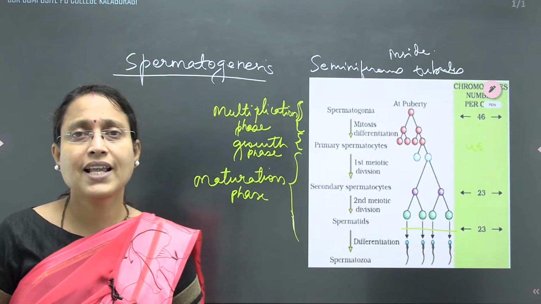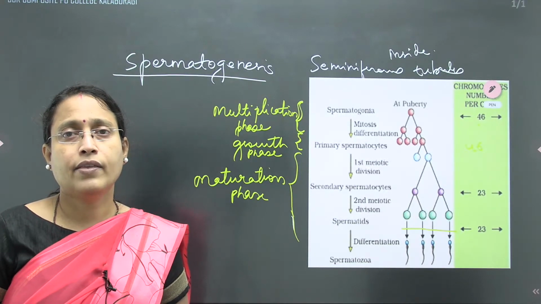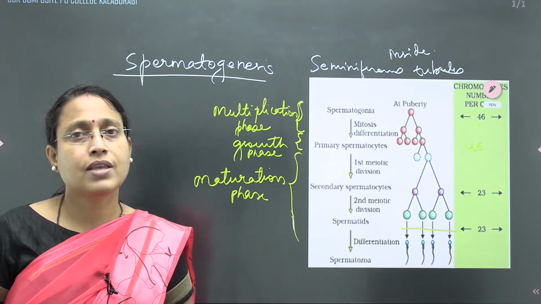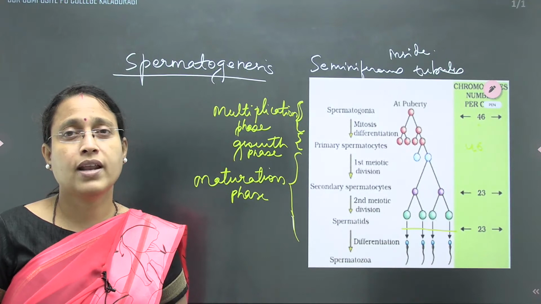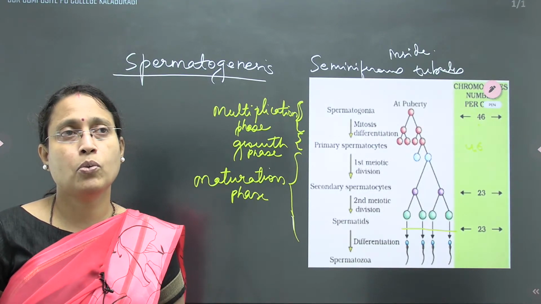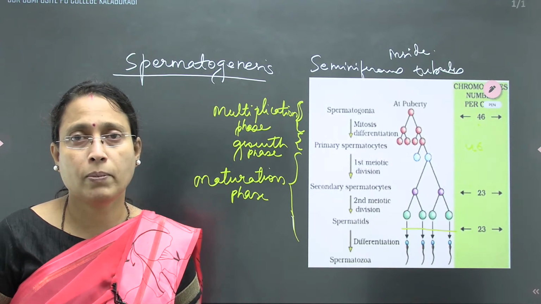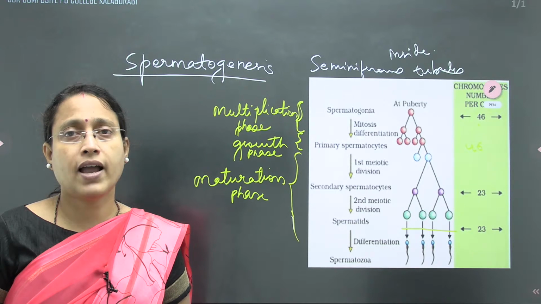That ultimately contributes to reduction in the size of the nucleus. And the Golgi bodies produce the acrosome during spermatogenesis. You'll know that the acrosome is very important for the sperm to penetrate into the ovum.